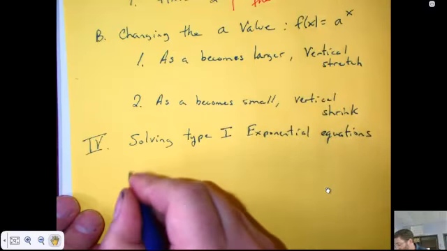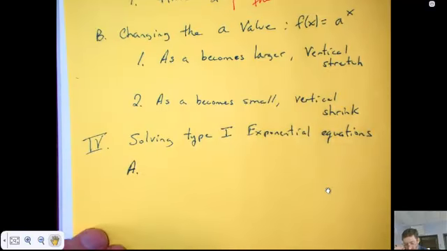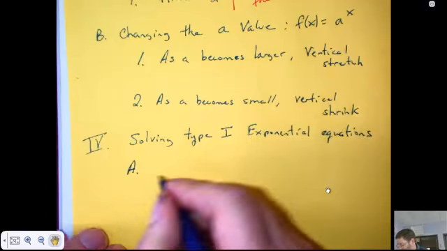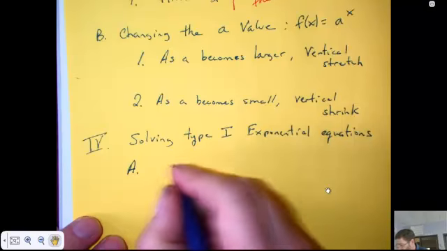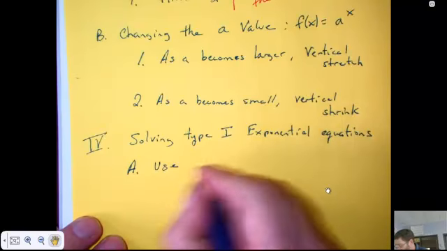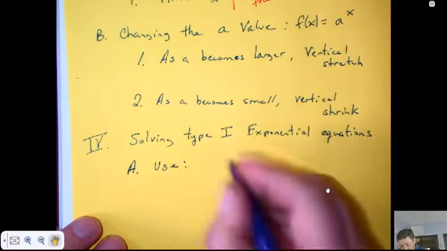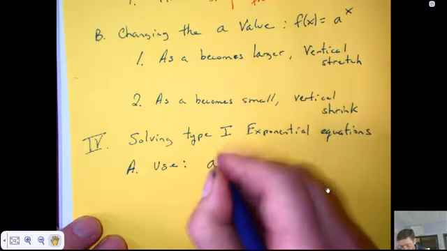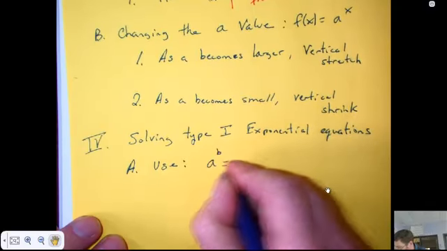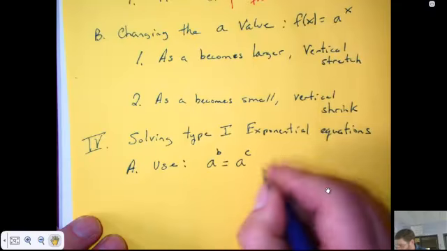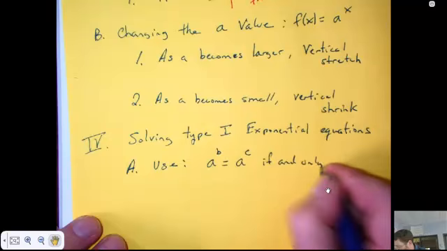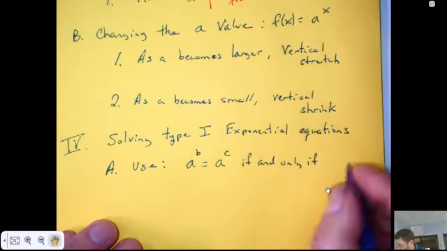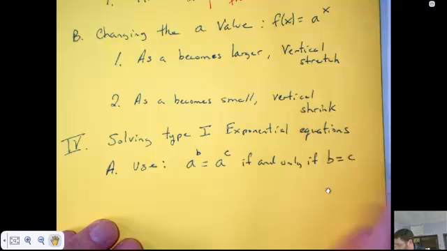Okay, so you're going to solve these. One of the properties of exponents says that a to the b equals a to the c if and only if b equals c.